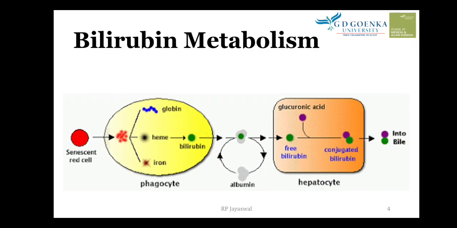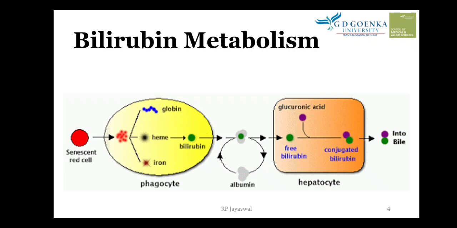Now the phagocyte releases the bilirubin into the blood, where albumin binds to the bilirubin, because bilirubin is insoluble in water. For its transportation it requires a carrier protein. Albumin acts as the carrier protein, and when it binds with bilirubin, it is taken to the hepatocyte, the liver cell, for further conjugation and metabolism.